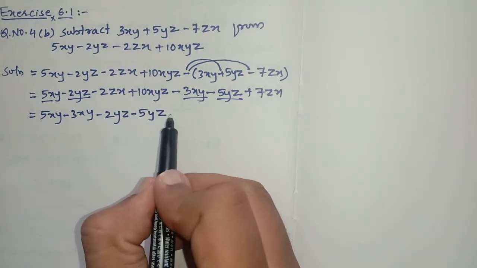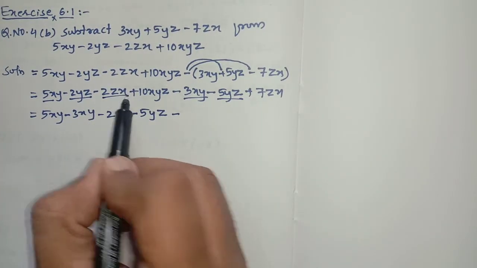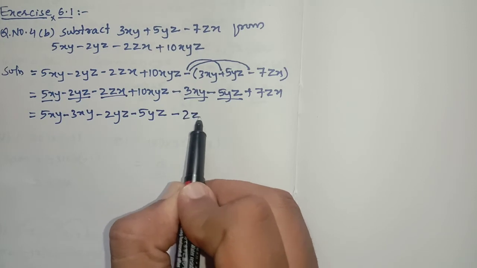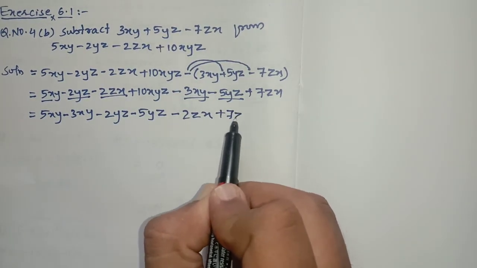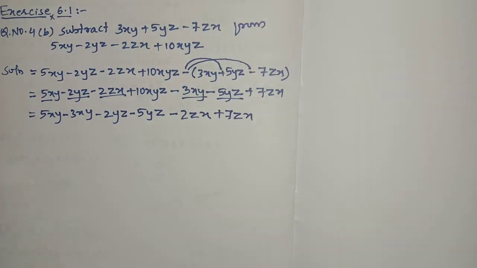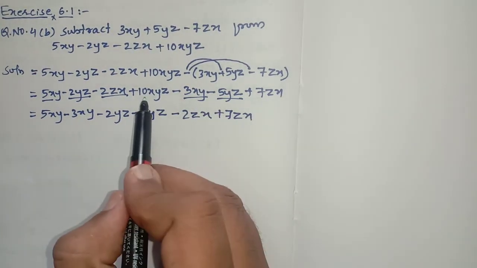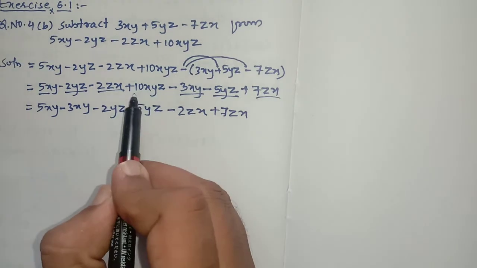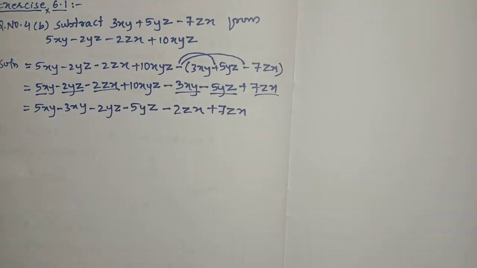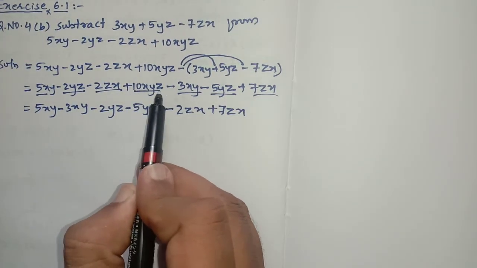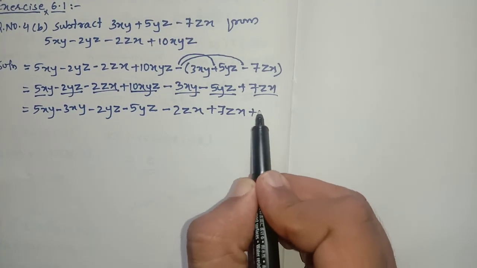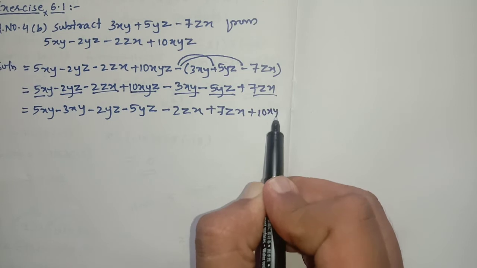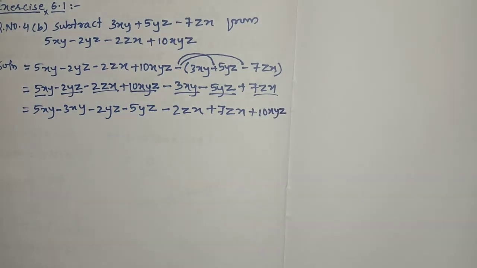Now next, minus 2zx plus 7zx. We rearrange it. Then the last term, the only term remaining is 10xyz. We don't have any other term, so this term will be as it is, 10xyz.